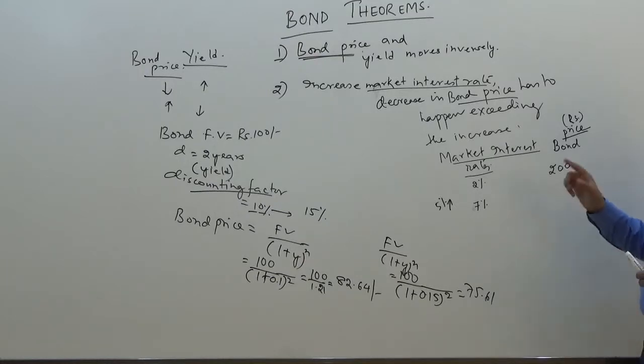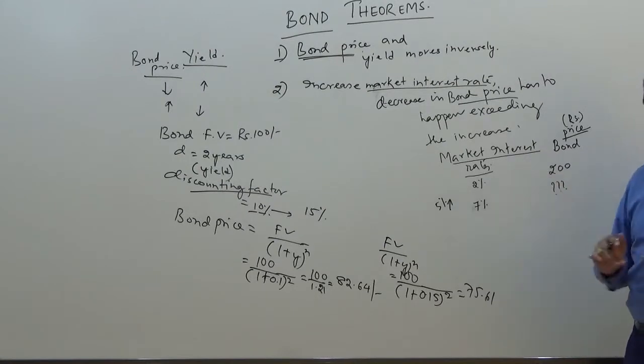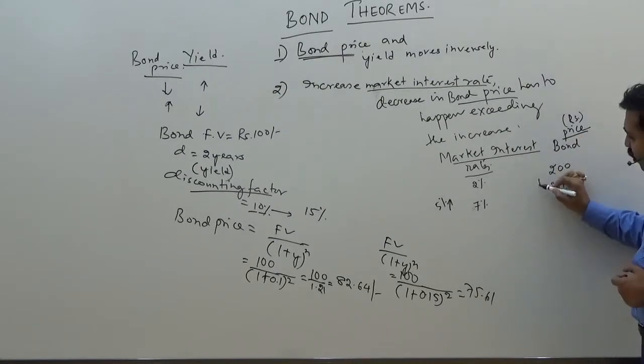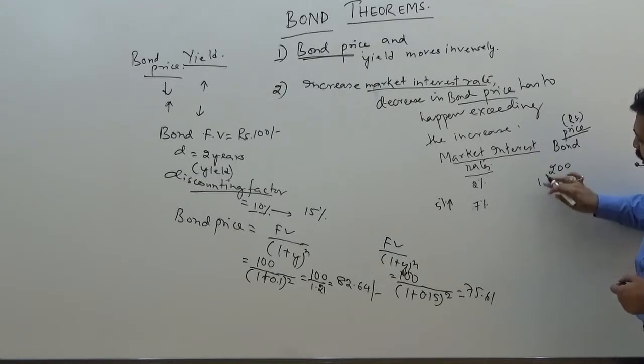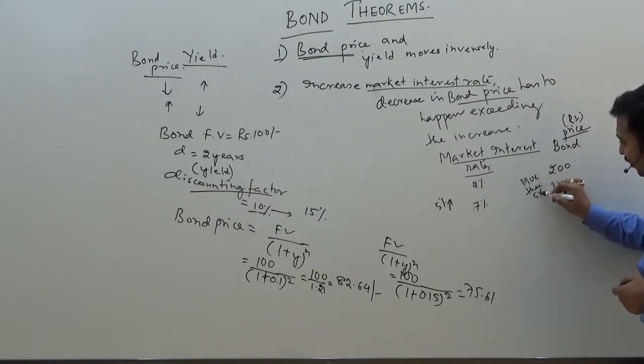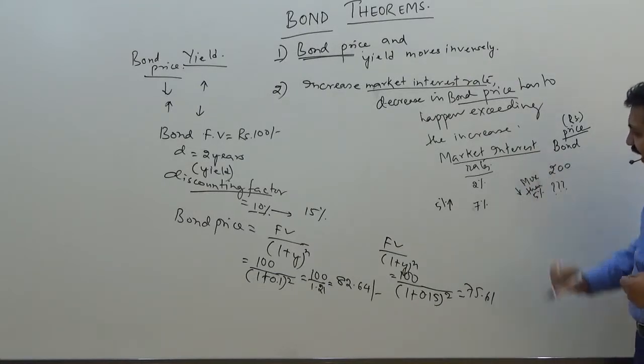Now the question that arises, how much should be the fall in the bond price? The answer is very simple. The fall in the bond price should be more than 5%. The decrease will happen by more than 5%.